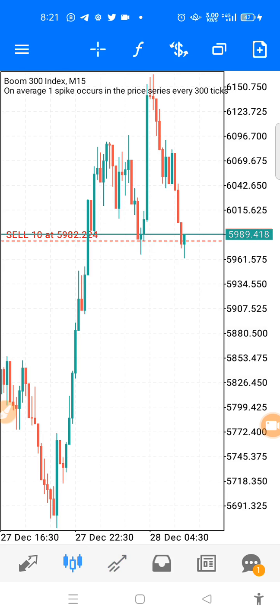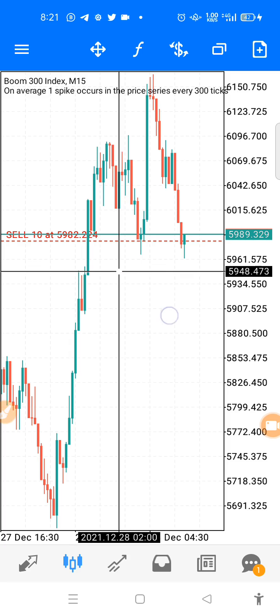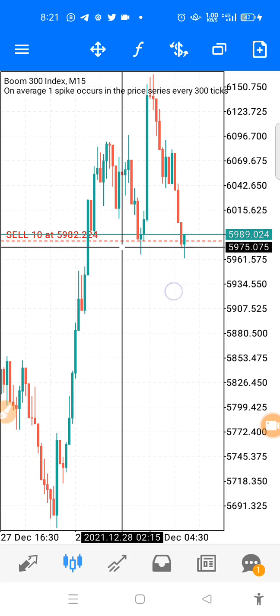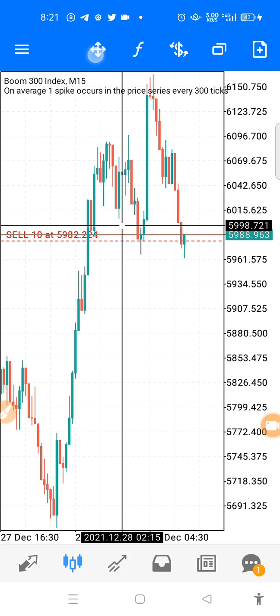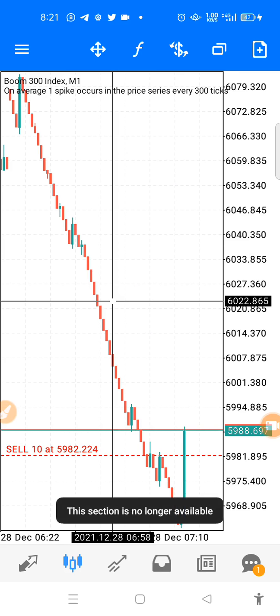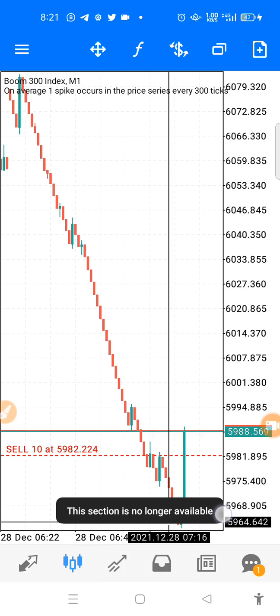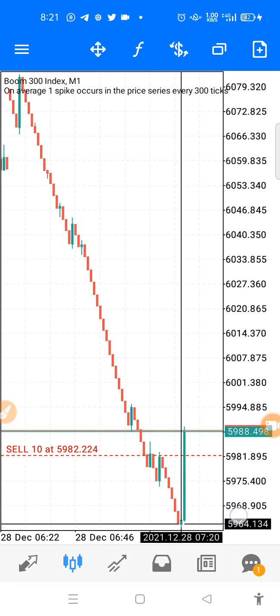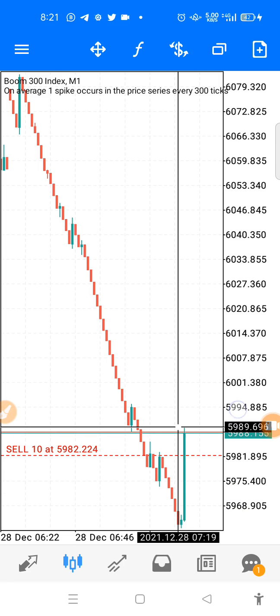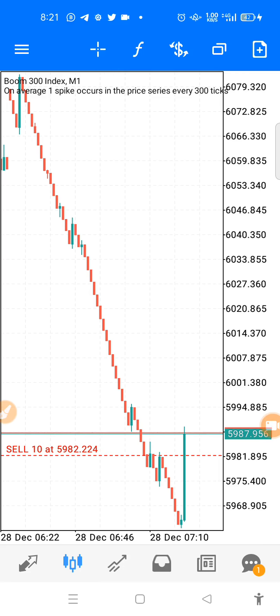It starts from 5962 and reaches 5989. That is a singular spike, just one spike. There is a mini spike before that long spike, but just like Boom 1000 and Crash 1000, see what it delivers in just one spike, and it can do multiple spikes after each other.